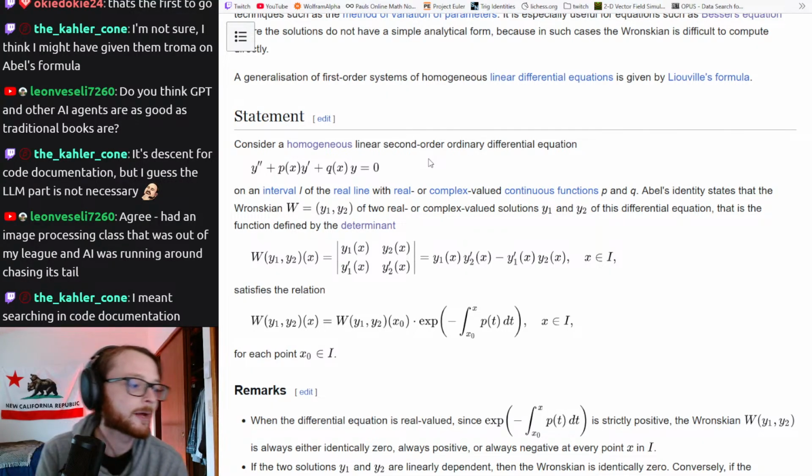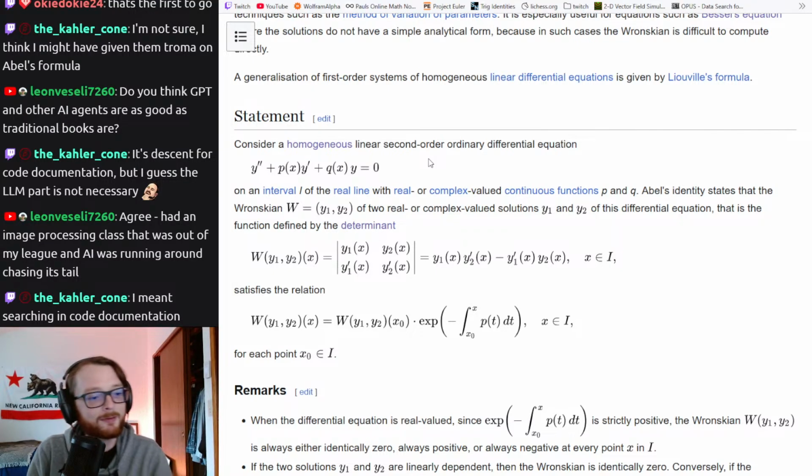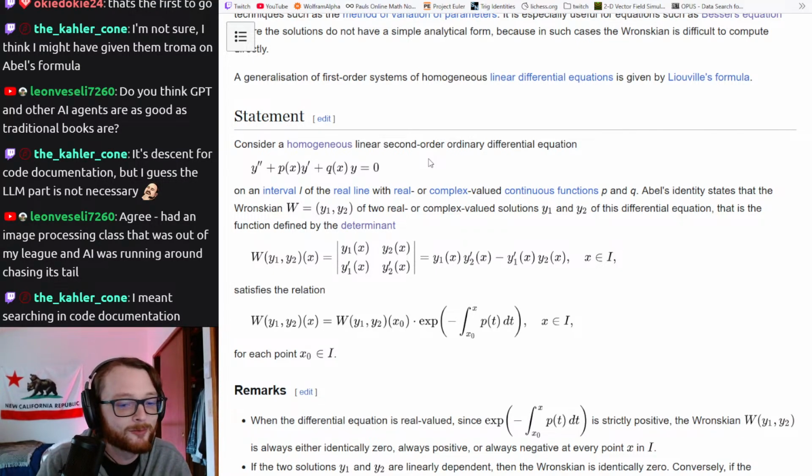Had an image processing class that was out of my league. AI was running around chasing its tail. Yep. It's really good at making it seem like it's doing the right thing, though. Decent for code documentation. I guess the LLM part is not necessary. Searching. Oh, yeah.